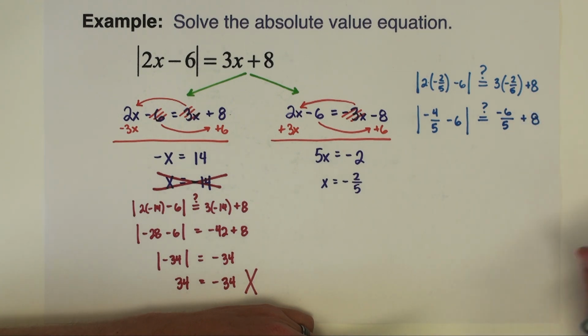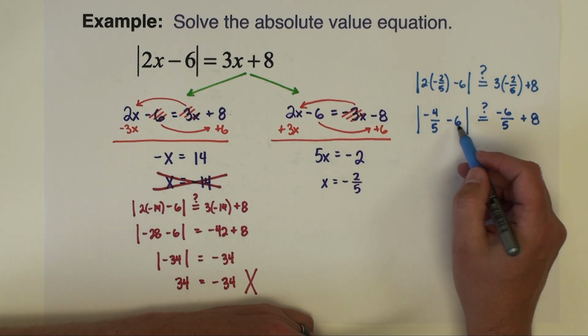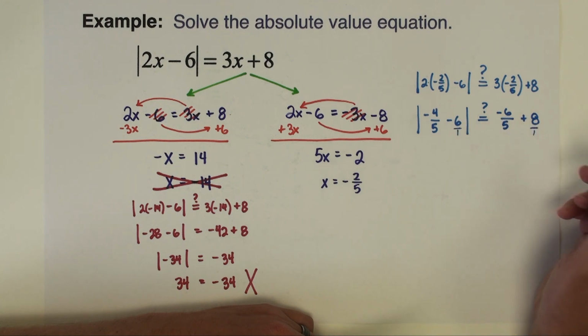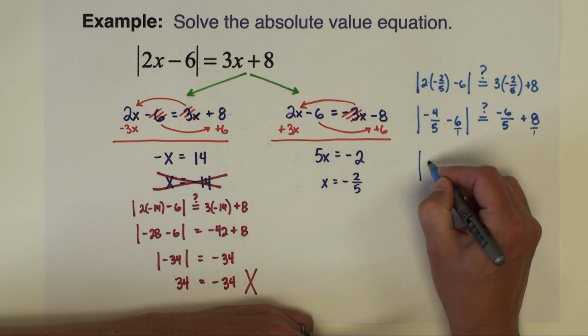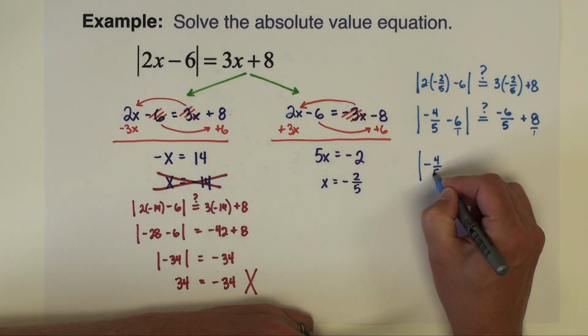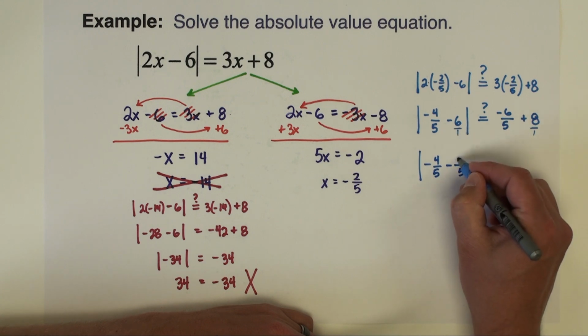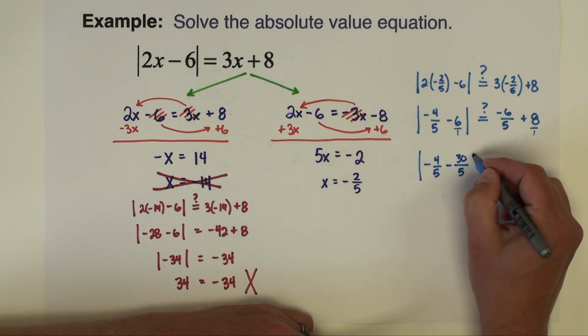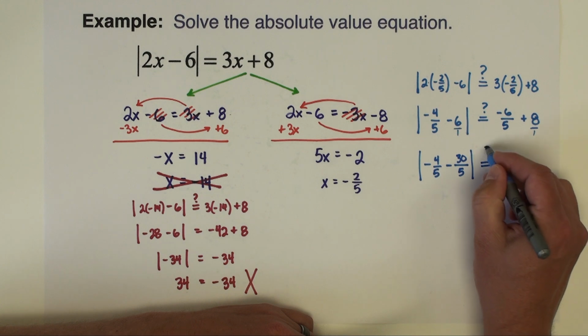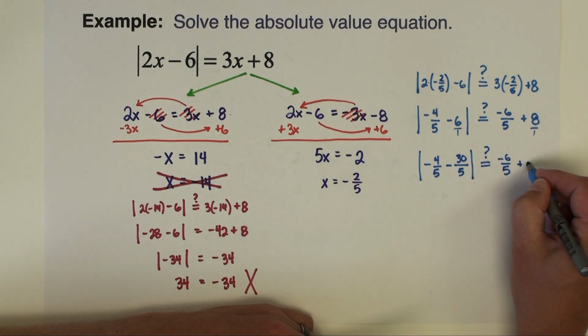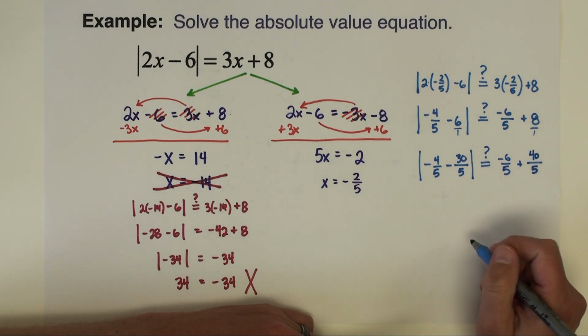Like so. I'm going to want to be able to combine these terms, so I'm making the 6 over 1, I'm making the 8 over 1, so I'm going to get common denominators. Absolute value of negative 4/5 minus, rewriting that over 5 is going to make it 30/5. And over here I've got negative 6/5. I need to rewrite that 8 over 5, so that's going to be 40/5.